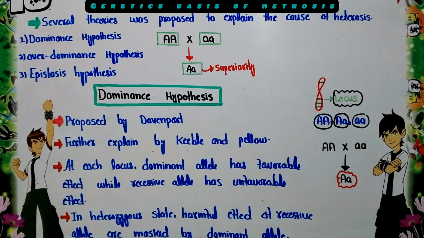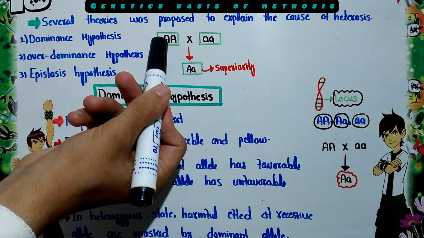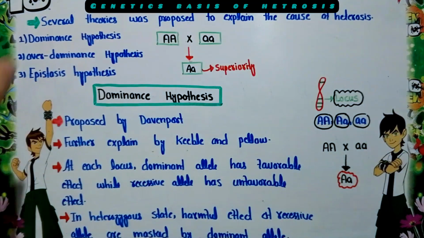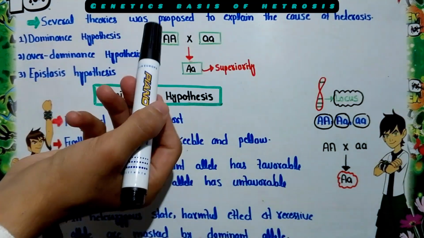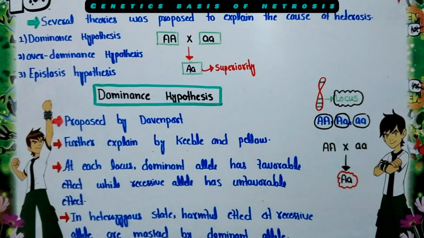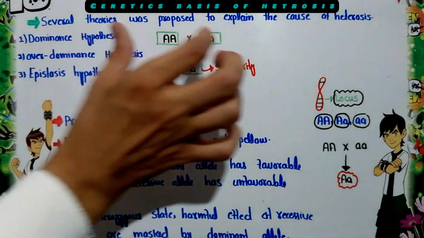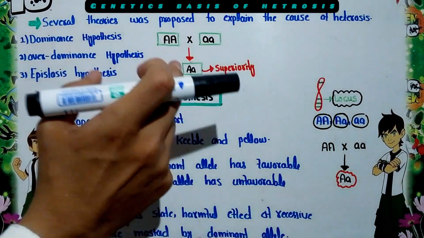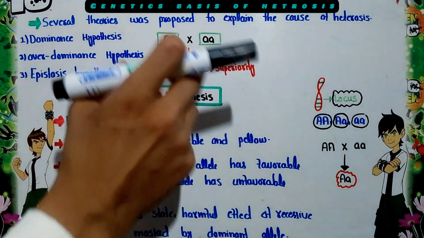Suppose we have two individuals, one parent with genotype capital A and the other with genotype small a. It means one is homozygous dominant and the other is homozygous recessive. When we cross these two parents, we get the offspring, or hybrid, capital A small a, which is a heterozygote.